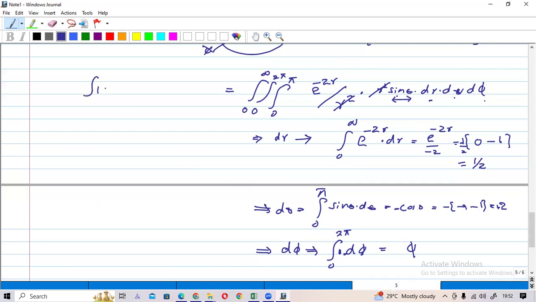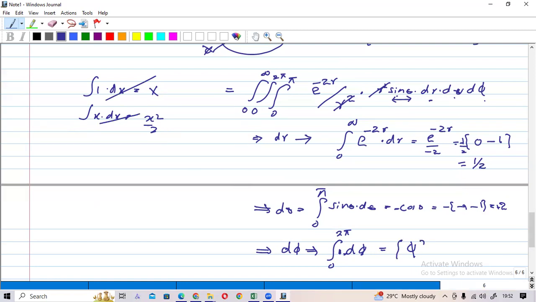If you integrate 1 with respect to dx, the answer is x. If you integrate x with respect to dx, the answer is x squared by 2. So you will have phi from 0 to 2 pi. So 2 pi is there.